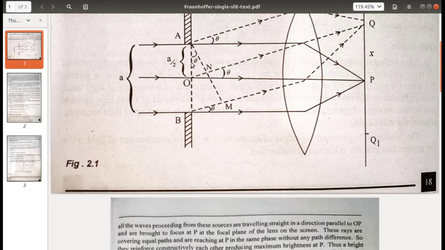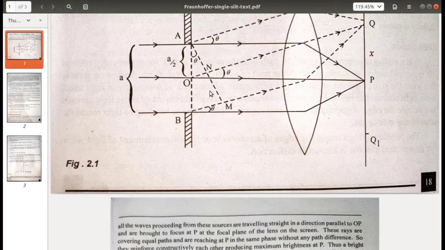So for every point on the upper half, there will be a corresponding point from the second half. The path difference for any two such rays is lambda by 2, and similarly for rays from points on the slit OB.